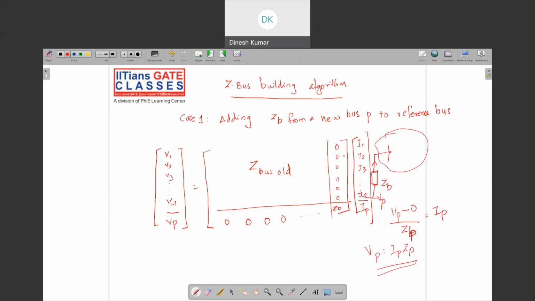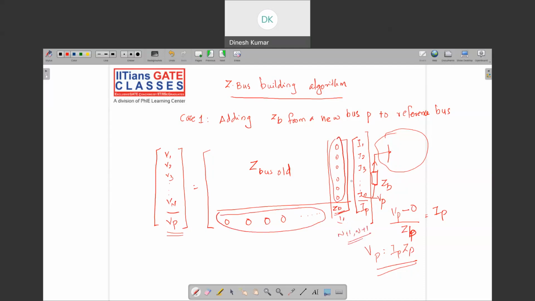So in the Z-bus building algorithm, if a new bus is connected to the reference bus, then we have to add the new bus at the end of the Z bus and put a row and column. Except the last column, put everything 0, and except the last row, put everything 0. Then add the last row and column, the (n+1, n+1) term, as ZB.